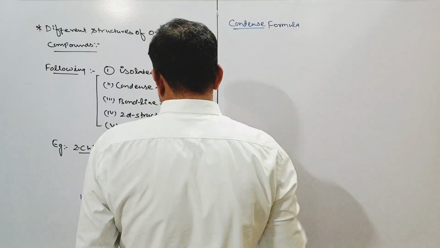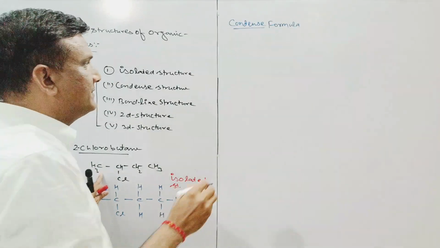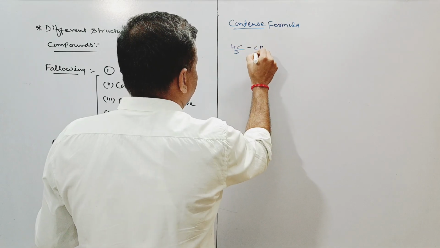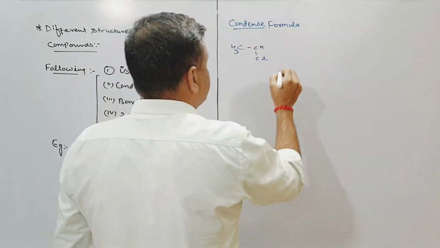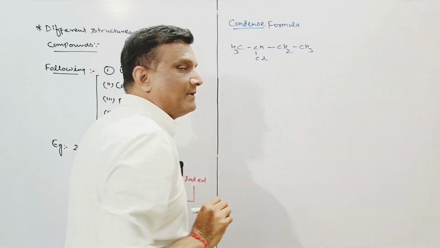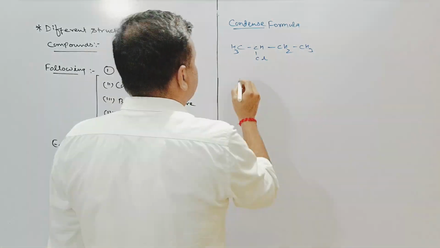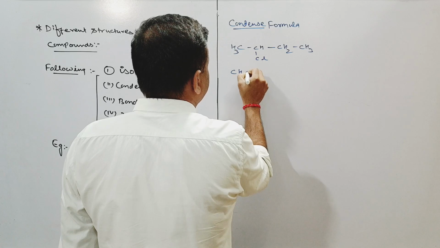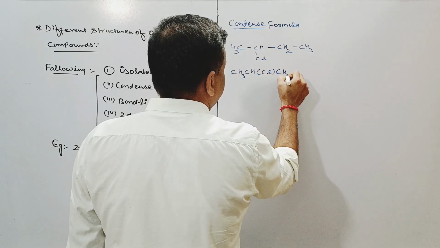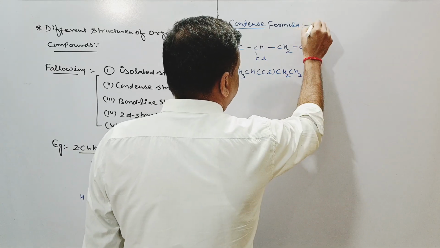It will be taken either in this form: CH3, CHCl, CH2, CH3. This is the common form of the compound. और अगर इसको चारों तरफ से compress करेंगे, then its structure will be CH3CHClCH2CH3. This is called condensed formula.